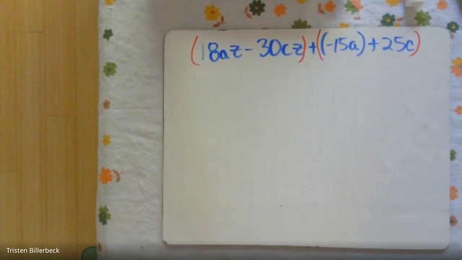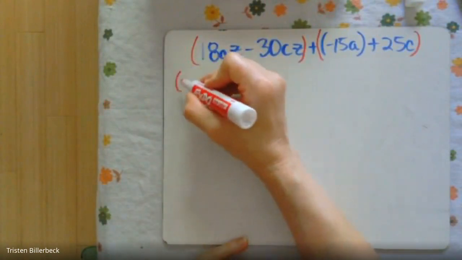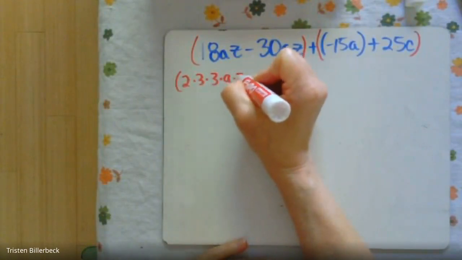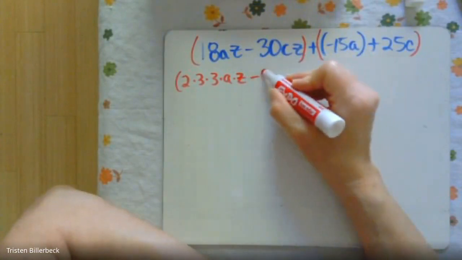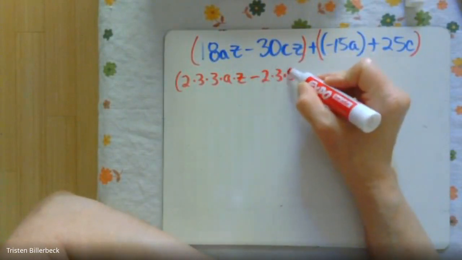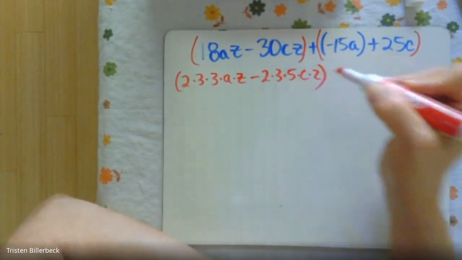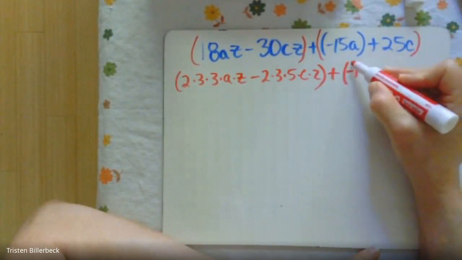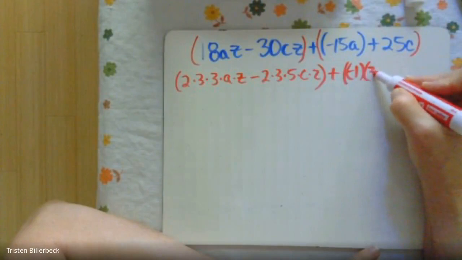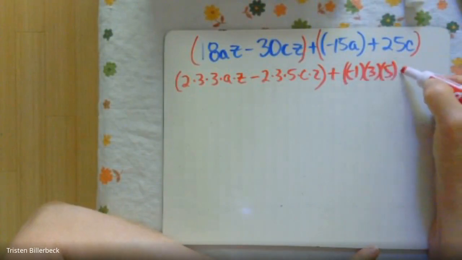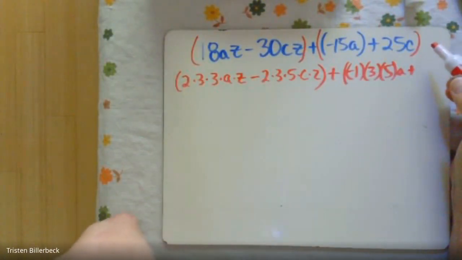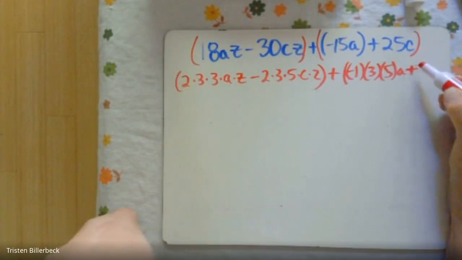Now let's find the prime factorized version of these. So we have 2 times 3 times 3 times A times Z minus 2 times 3 times 5 times C times Z plus, and then in here we have -1 times 3 times 5 times A plus, and then, I'm thinking, should I go with the negative times a negative here?